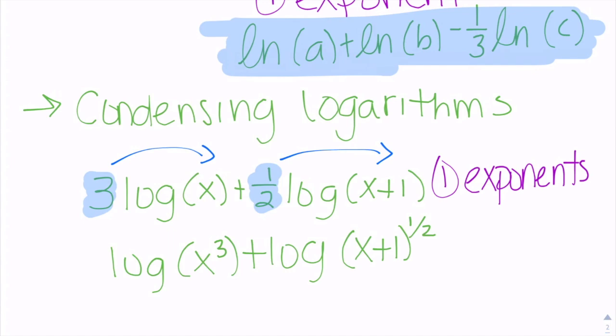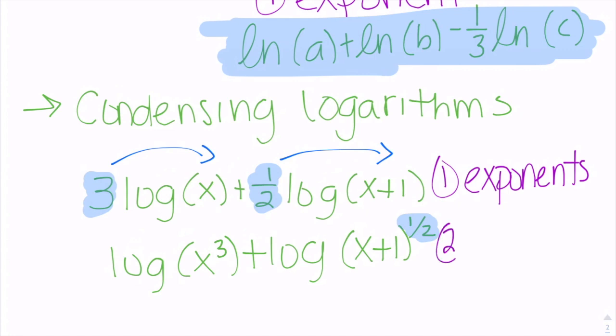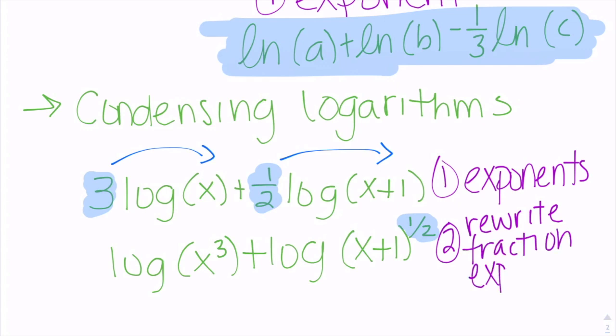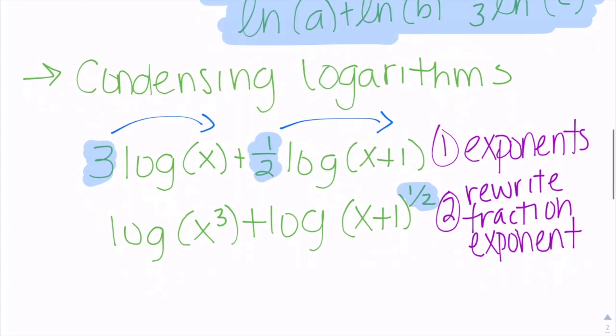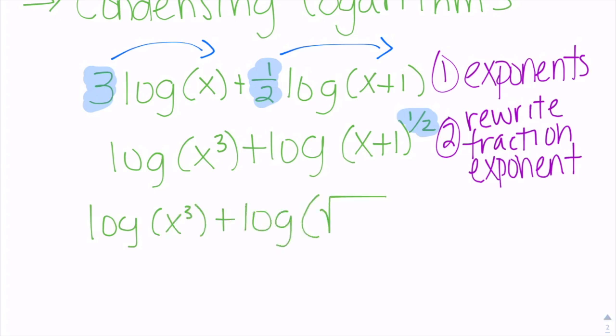Alright, so now this 1/2 right here, we are going to rewrite that in radical form. So we're going to rewrite the fraction exponent. And so remember that fraction exponents turn into radicals. So it's going to become log of x cubed plus log of the square root of x plus 1. So now, if you notice, right here we have addition.